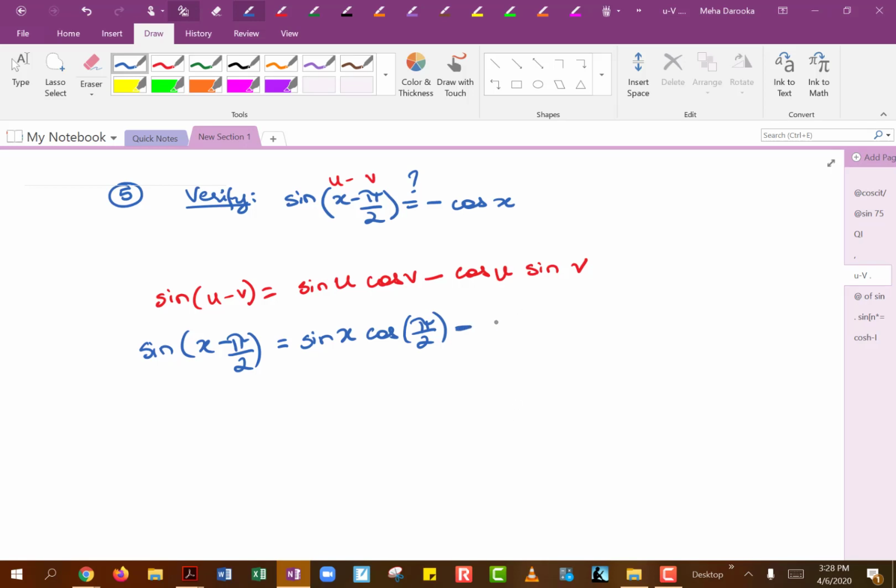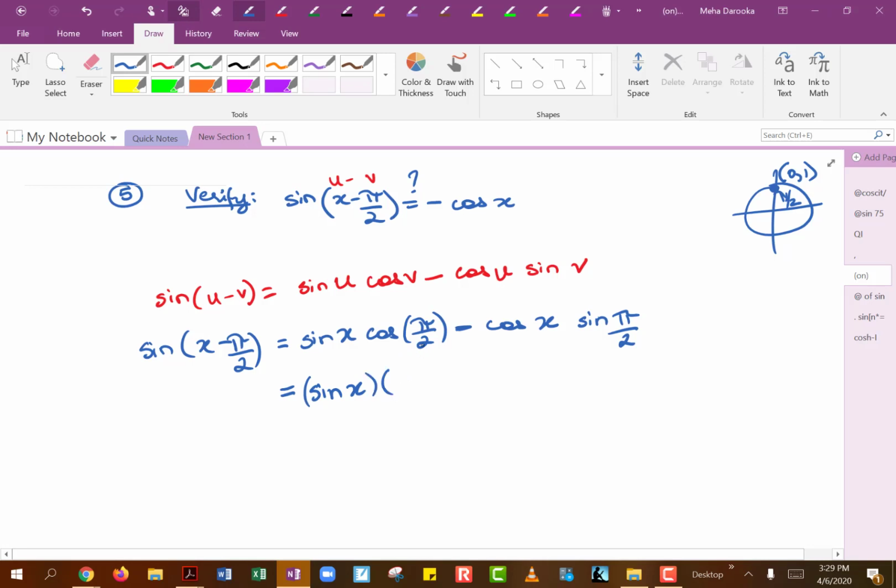Then this will become cosine of x and sine of pi halves. So just a quick circle. This here is your pi halves. So those are going to be the ordered pairs 0, 1. So sine of x, of course, will stay as it is. Cosine of pi halves will become 0, minus cosine of x will stay as it is.